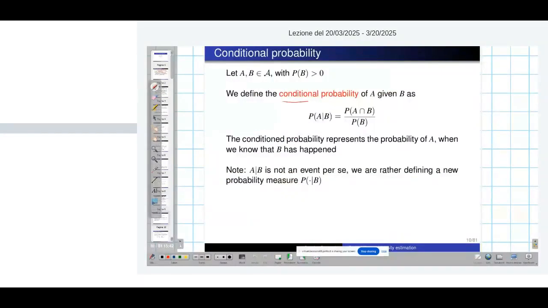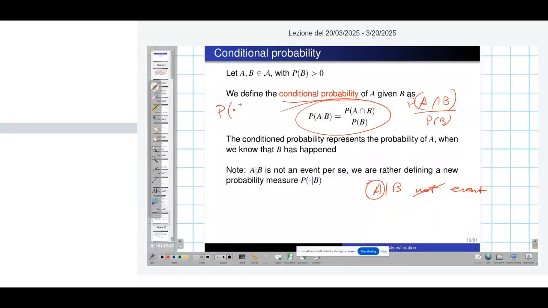Another thing that we will need is the concept of conditional probability. That's the probability of the joint event A and B, so the intersection of A and B, divided by the probability of B. One thing we should pay attention to is that A given B is not an event, because A is an event. The probability of A given B is actually defining a new probability function from the set of events to the real line.